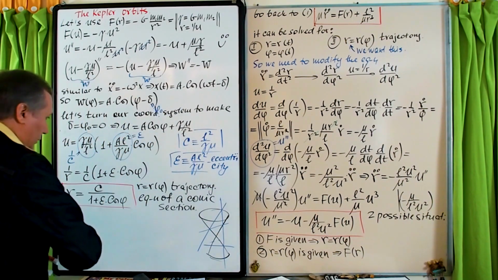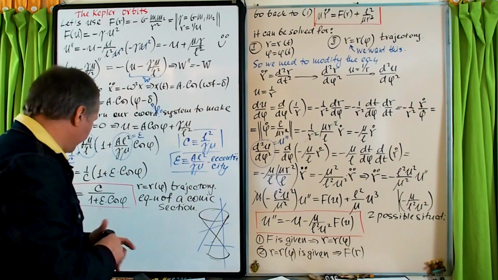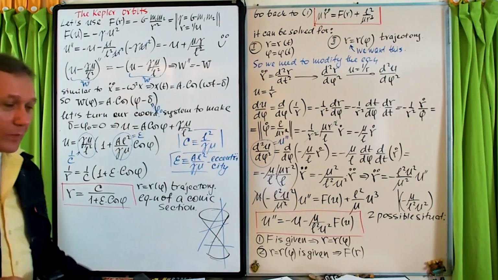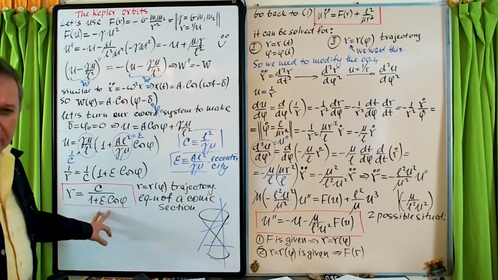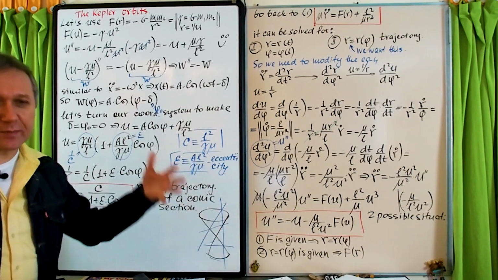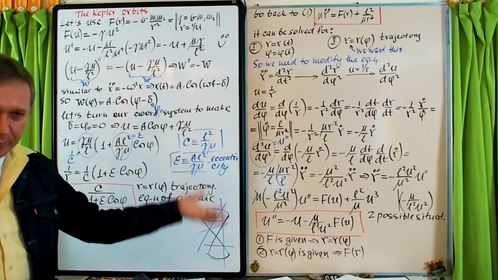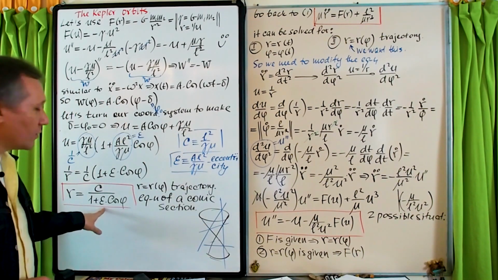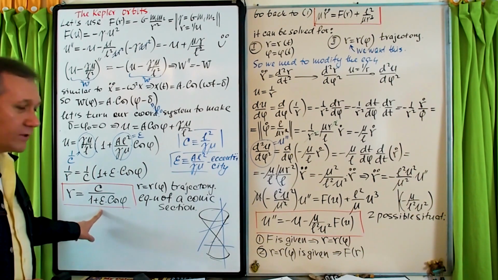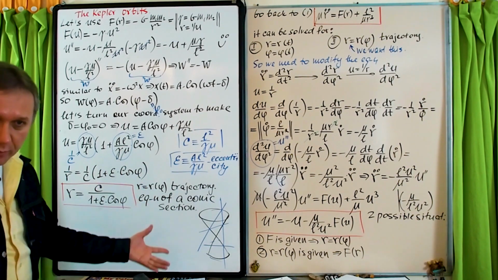Of course, these are called second-order curves. Inside of this, there are circles, ellipses, parabolas, and hyperbolas, and it all depends on the value of epsilon, the eccentricity. If eccentricity equals 0, it's a circle.